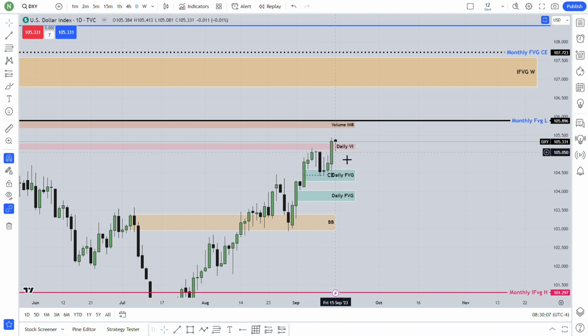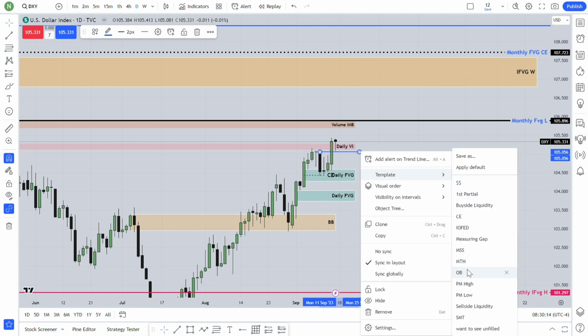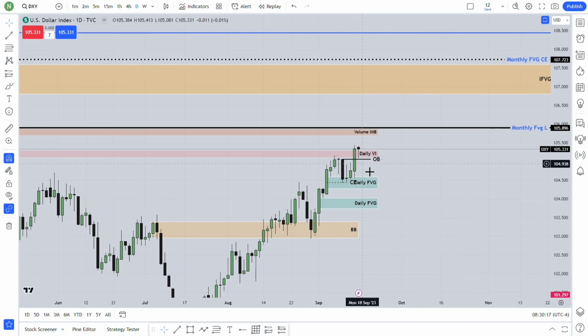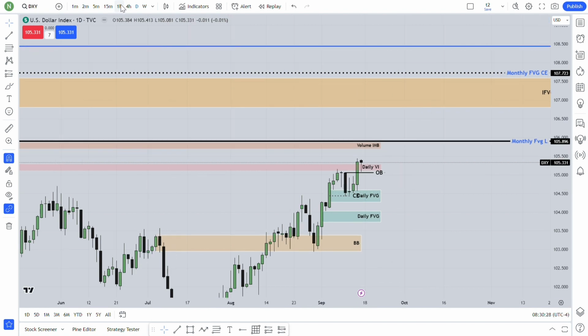It can come to this order block level to make it a support, and it's possible that it will come over here. Also, there is a very little fair value gap from the daily chart. It can come over here, tap there by creating a big wick, then it will go higher. So this is from the daily chart.